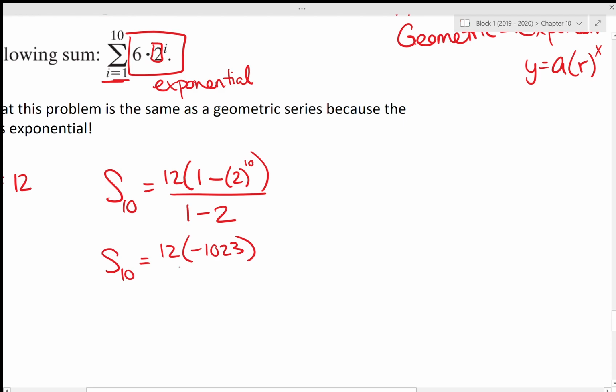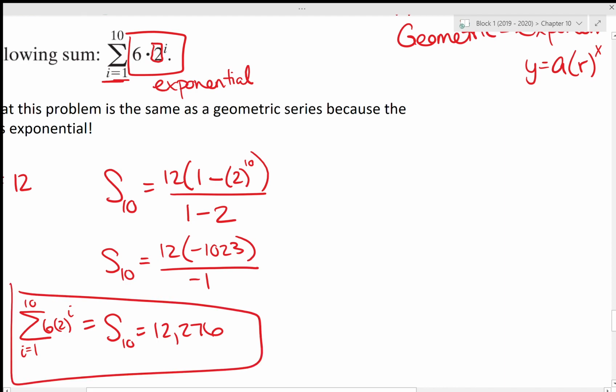And then 1 minus 2 is negative 1. So then when I do all this, I times 12 and I divide by a negative. What I'm going to get for S of 10 is 12,276. So that should be the answer to this, where the i is 1 to 10, 6 times 2 to the i. All right?